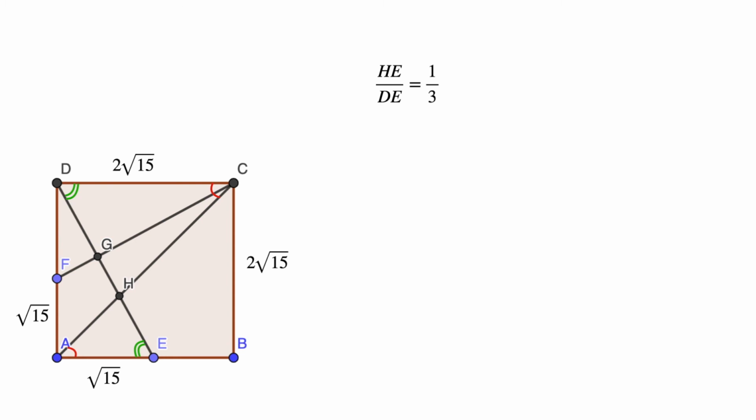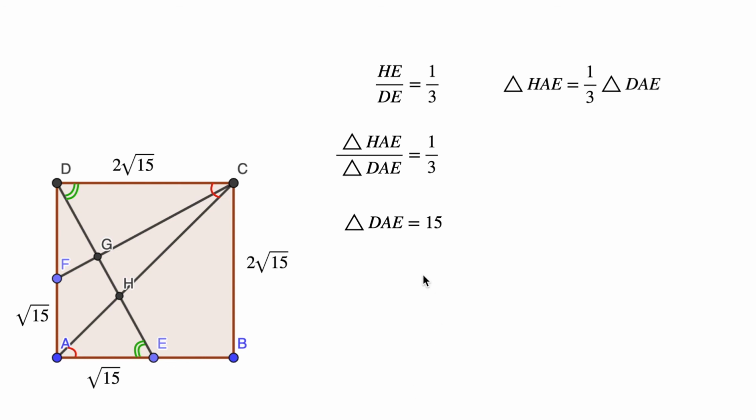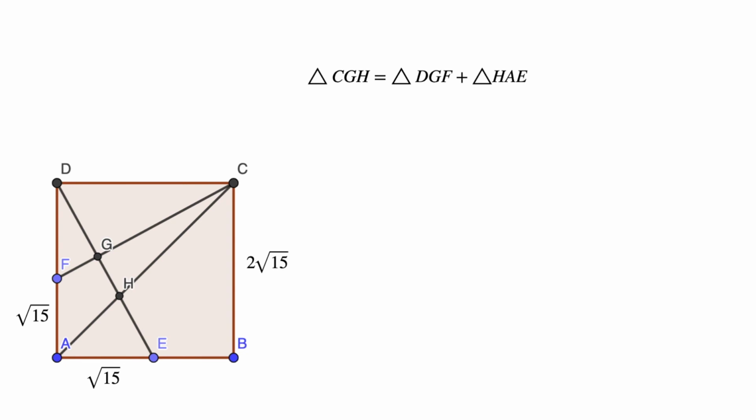Since the ratio in base is equal to the ratio in areas, we can rewrite it in terms of the area. And from before, we know that the area of DAE is 15. So we can take this equation and multiply both sides by the area of DAE, plug in values, and get that the area of HAE is 5.